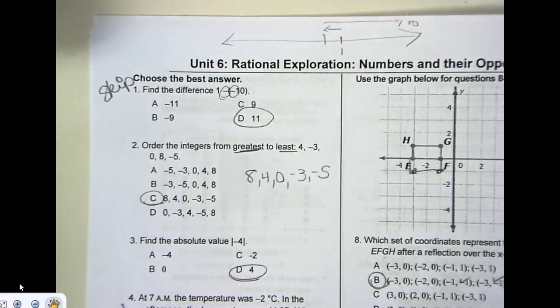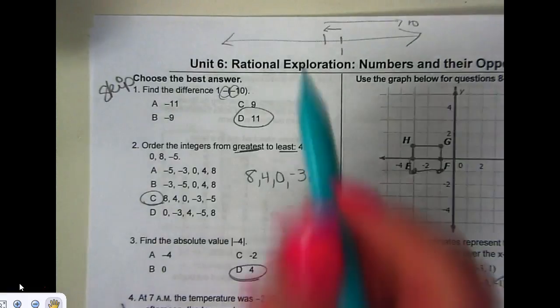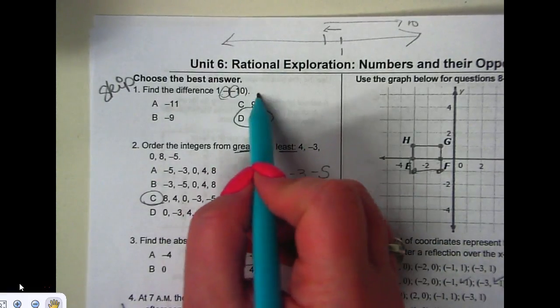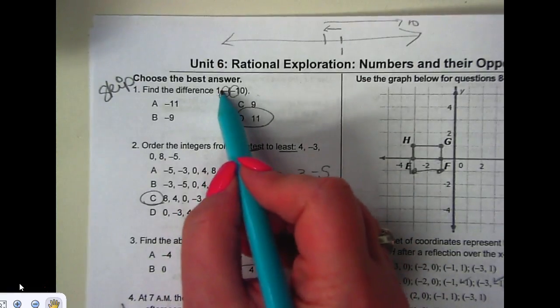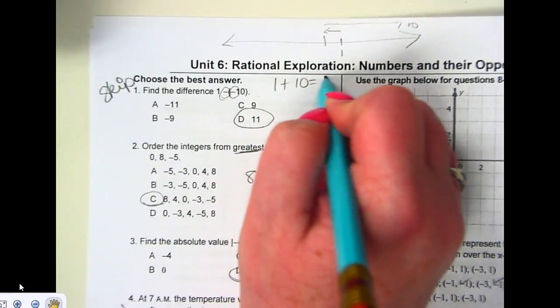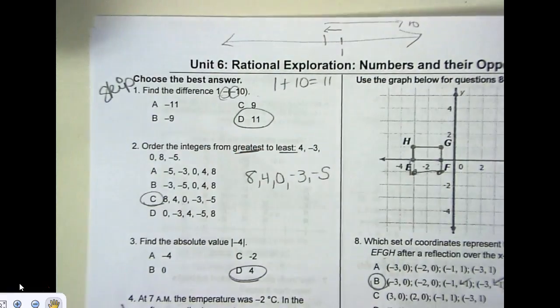Lots of people got that answer to be negative 9, but that's not what that is. Minus a negative is the same thing as a positive. A double negative is the same thing as a positive. So what we're going to learn next year is that becomes 1 plus 10 equals 11.